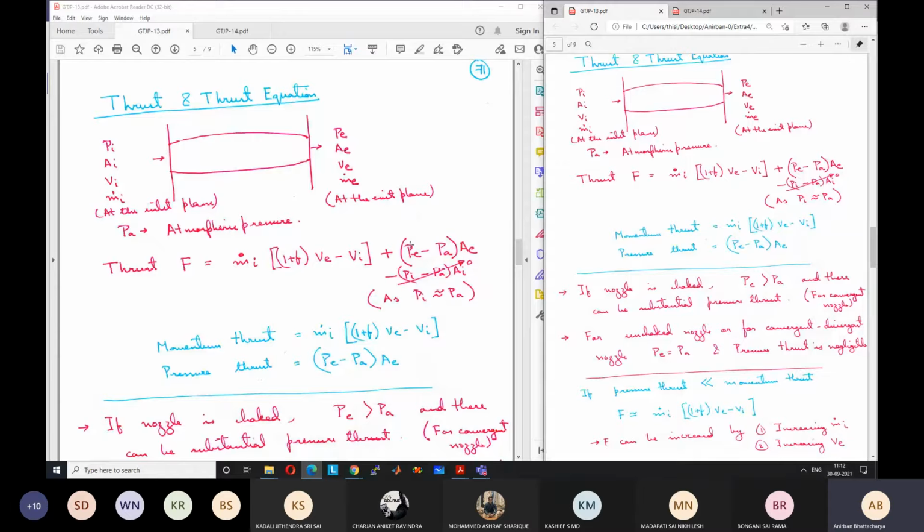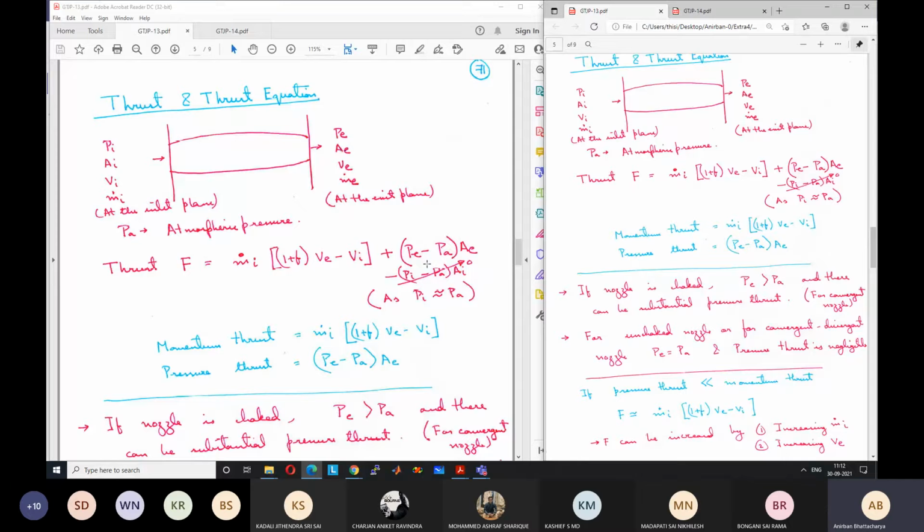And this pressure thrust is 0 in case the nozzle does not operate at choked condition. In that case, P will be equal to Pa, so there won't be any pressure thrust. And in most other cases also, pressure thrust can be negligible.